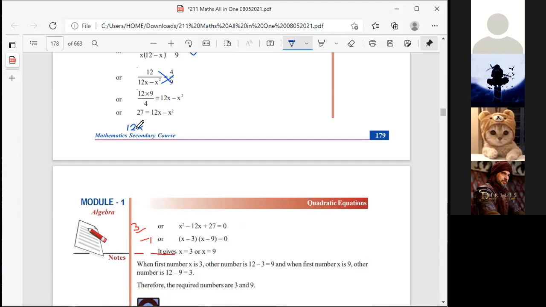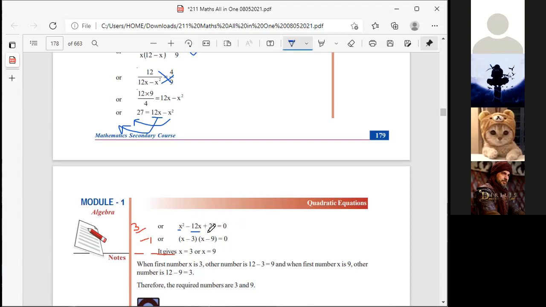Now if I'm taking x square on the other side, what is it going to become? Plus x square. If I'm taking plus 12x on the other side, what is it going to become? Minus.